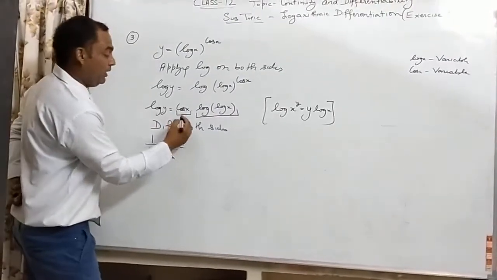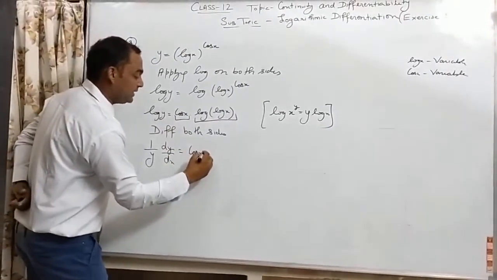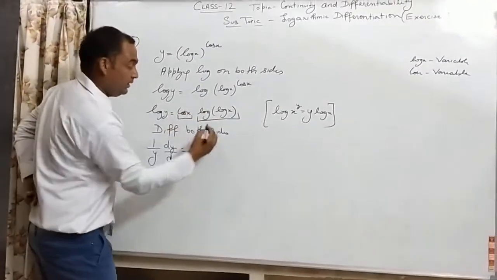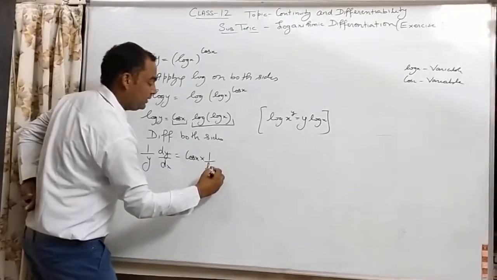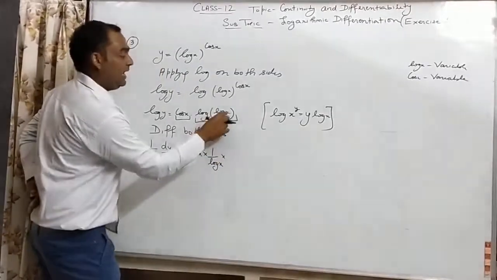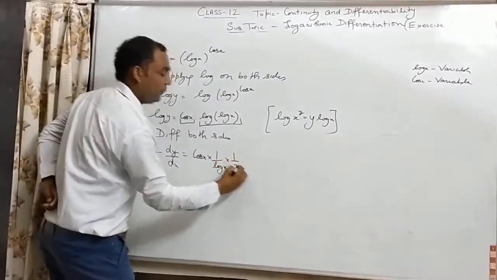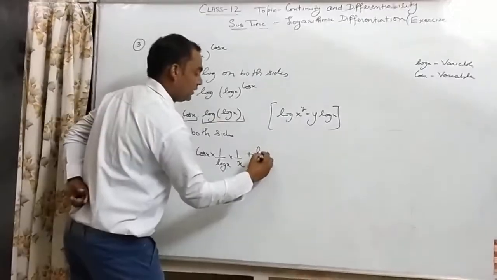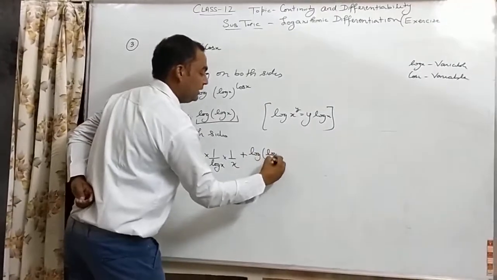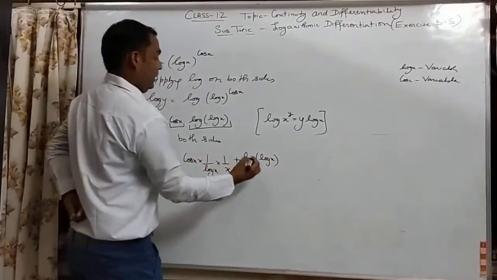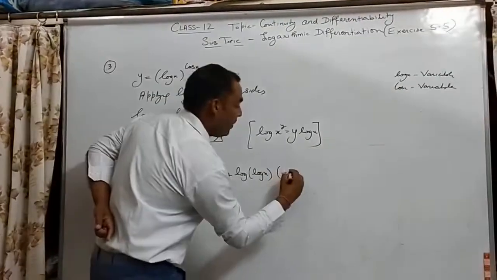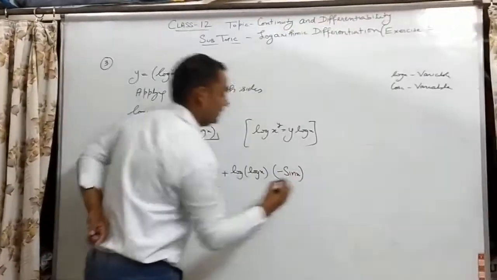Applying UV formula, cos x as it is, derivative of log into log x, log of log x, 1 upon log x into derivative of log x, that is 1 upon x, plus second function as it is, log of log x as it is, derivative of cos x, derivative of cos x as minus sin x.